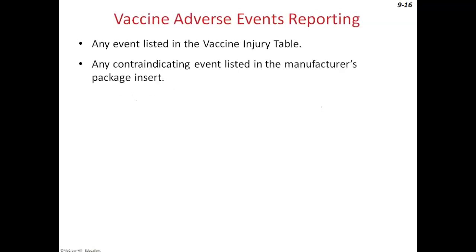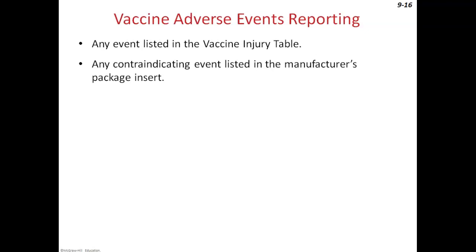The Vaccine Adverse Events Reporting System should be notified anytime an adverse event from a vaccination occurs. The adverse event can be reported by anyone, but healthcare professionals need to report certain events.